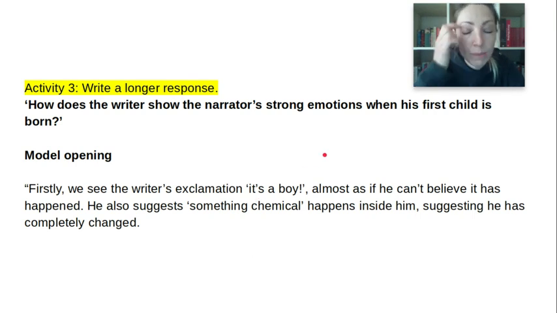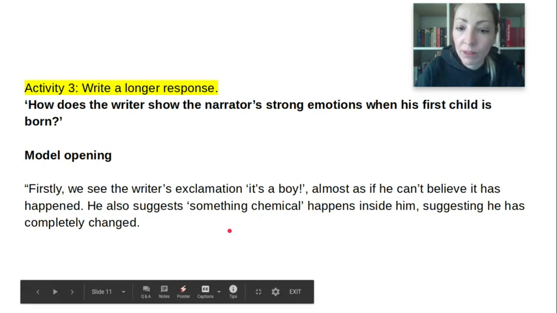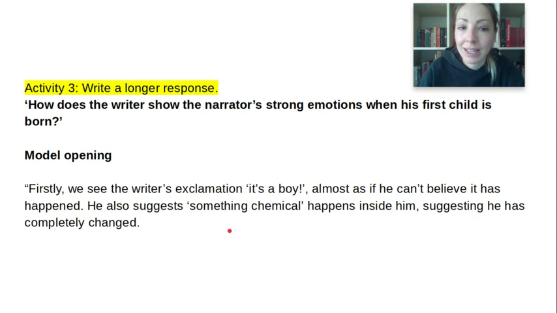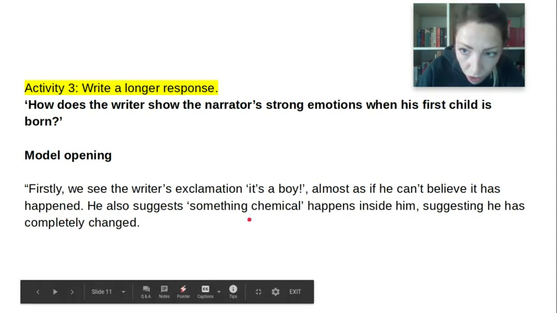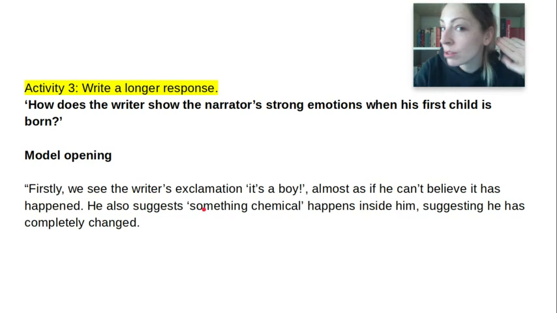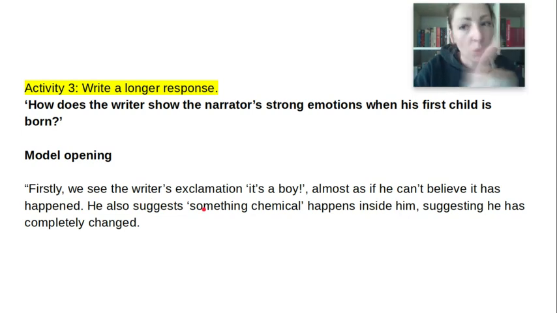Almost as if he can't believe it's happened. We've got a quote and a comment, we've got a mark. He also suggests something chemical happens inside him, suggesting he's completely changed. Okay, we've got a quote, we've got a comment, we've got a mark. So how many marks do you think we've got so far? You're right. We've got 2 marks so far because we've got 2 quotes and comments.